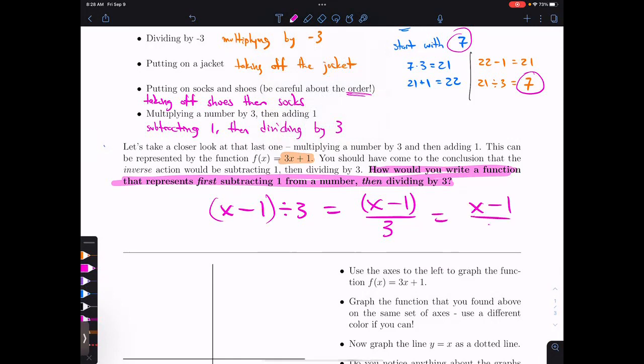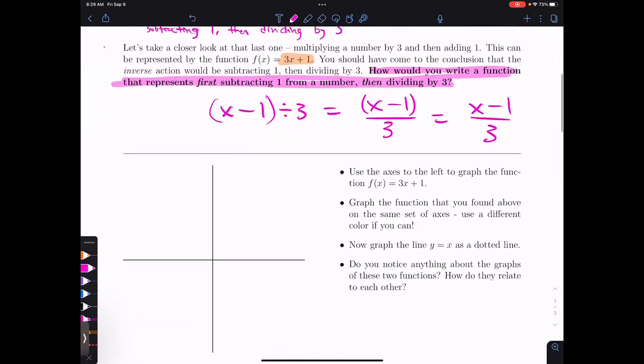So most of the time, we would just drop those as well. So the fraction bar acts like a grouping symbol, just like parentheses. So here you would do the subtraction on top first and then divide that by 3. Okay. All right.